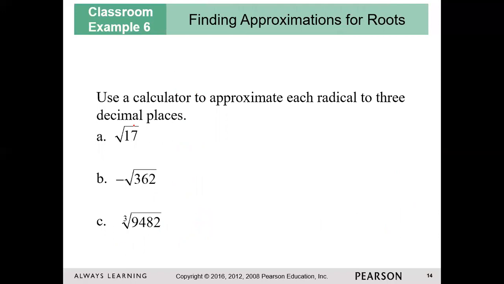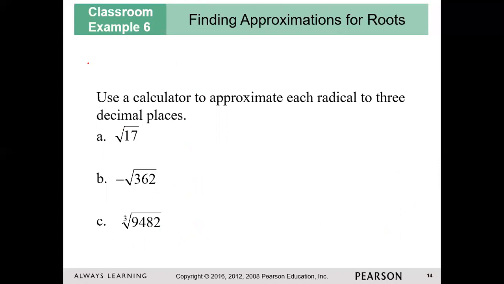All right, so over here, this just says use a calculator to approximate the radical to 3 decimal places. So we're just going to go ahead and do these very quickly since they're calculator based anyway. So you just do 17 and then you just bang that into the square root here.